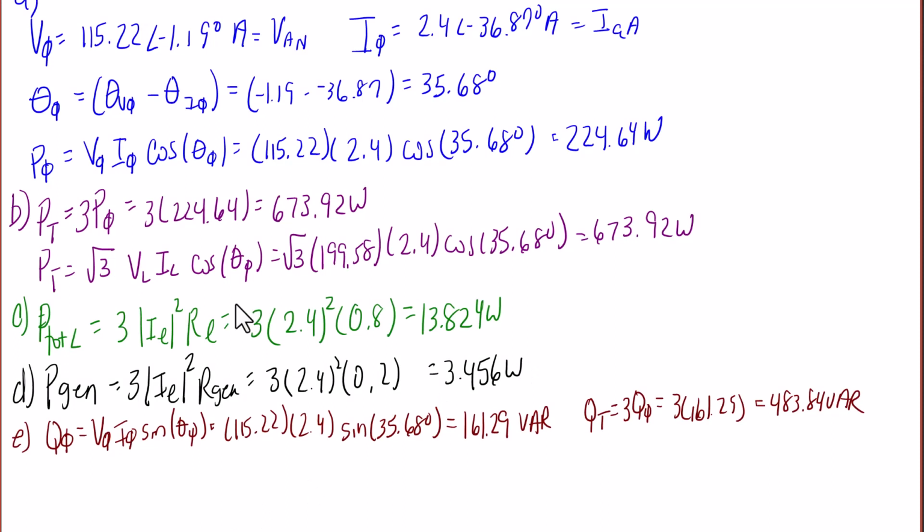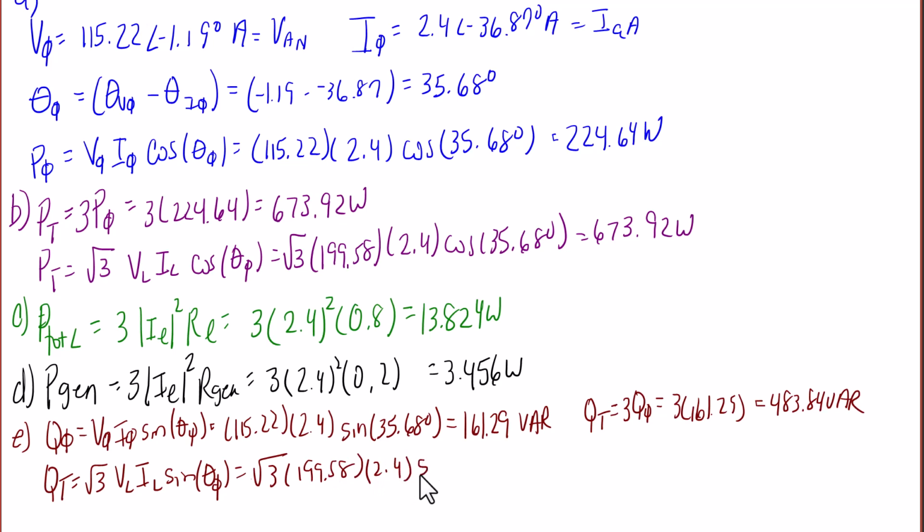The other way to solve part E is to find Q total, which is equal to square root of 3 times VL IL sine of theta phi, which is the square root of 3 times 199.58 times 2.4 times the sine of 35.68 degrees, which should yield the same answer, 483.84 VAR.